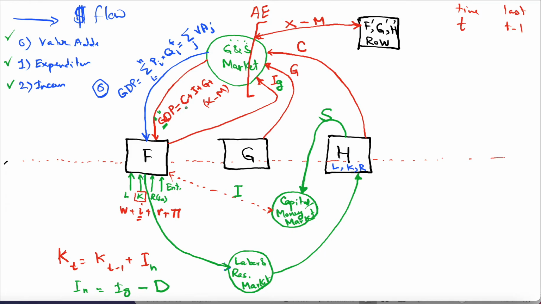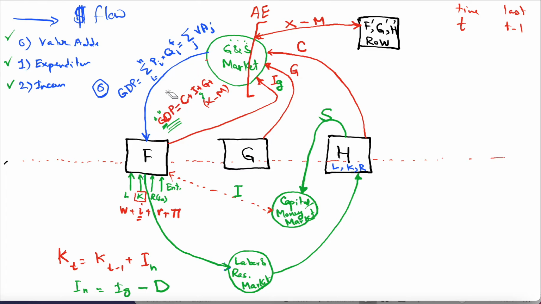So from the expenditure approach, C plus gross I plus government spending plus export minus import is going to give us the gross domestic product. And ultimately, I should actually remove this now because they are going to be exactly the same.